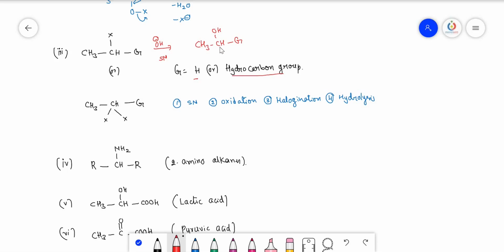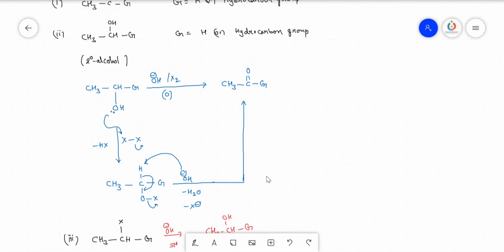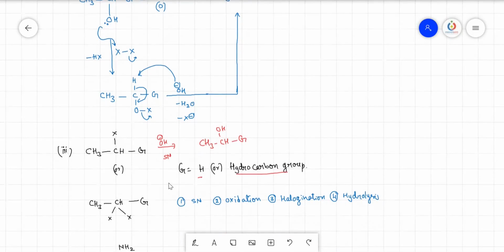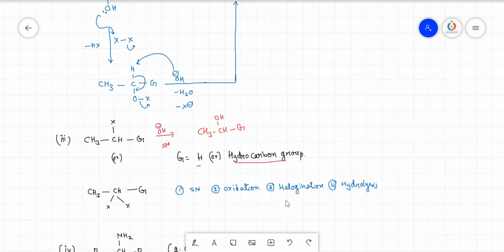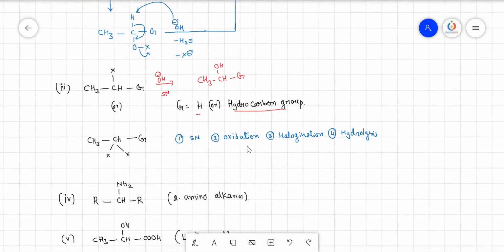So a secondary alcohol group is formed, and a second condition is fulfilled here, like a secondary alcohol, so again the remaining reaction takes place. So when you use halides as the starting reagent, then you have to use the nucleophilic substitution step also, followed by oxidation, halogenation and hydrolysis.